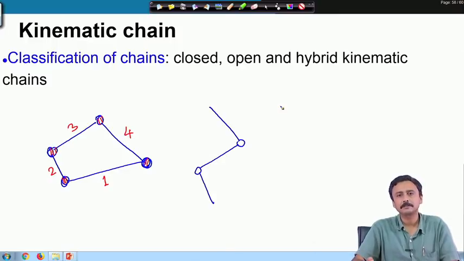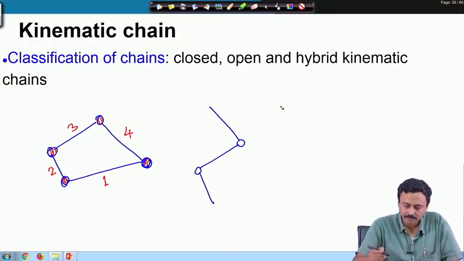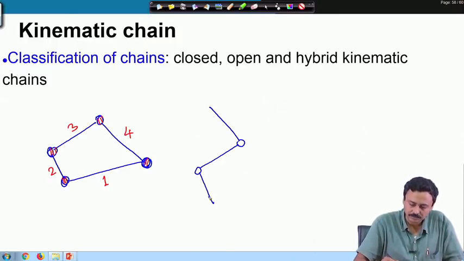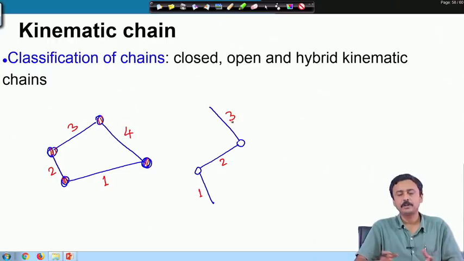For example, this is an open kinematic chain. If you number these links, there are 3 links and there are 2 connection points. This is an open kinematic chain and there are 2 singular links, as you can see.